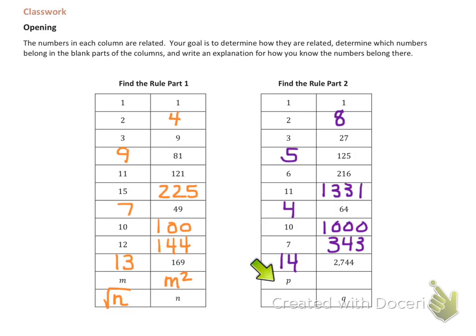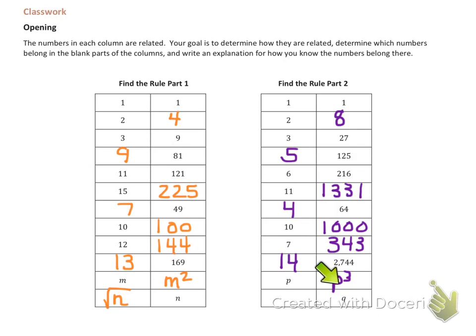So if the number is p, then for the second column of Find the Rule Part 2, I would write p to the third power, or p cubed, because I'm using p as a factor 3 times, p times p times p. Okay, but what about if I'm given q?